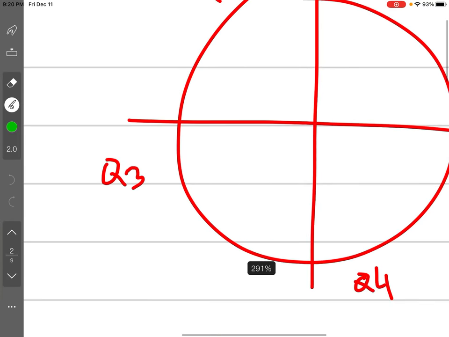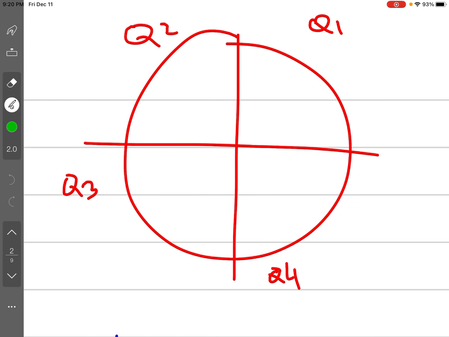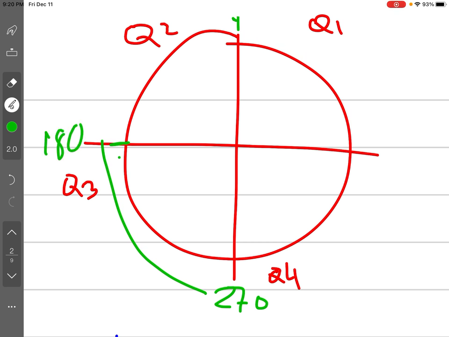Now let's come to my unit circle. We know that this is my 90, this is my 180, and then this is my 270. Right here is 240, I'm not sure exactly, but I do my best.